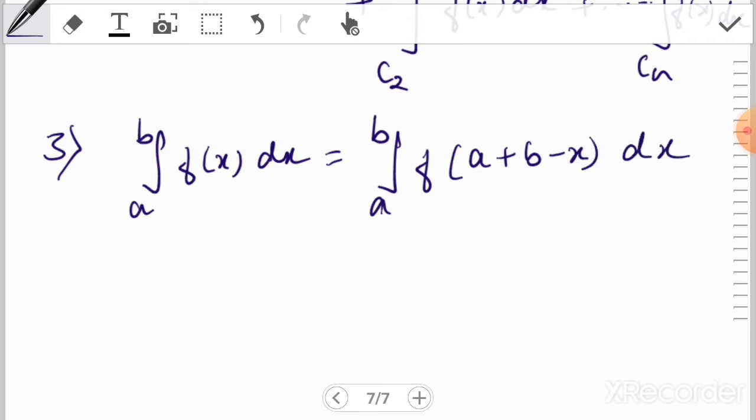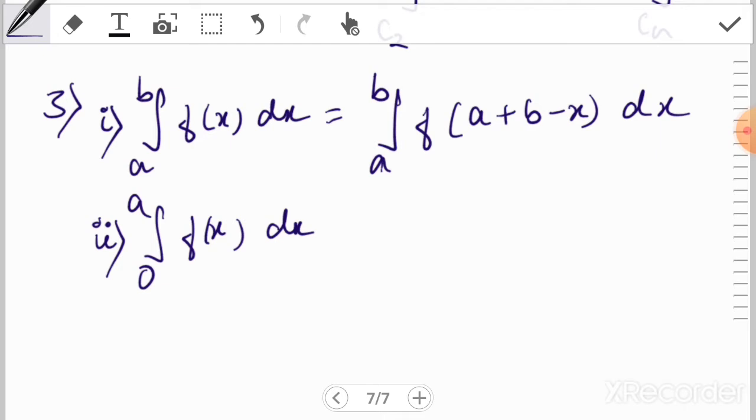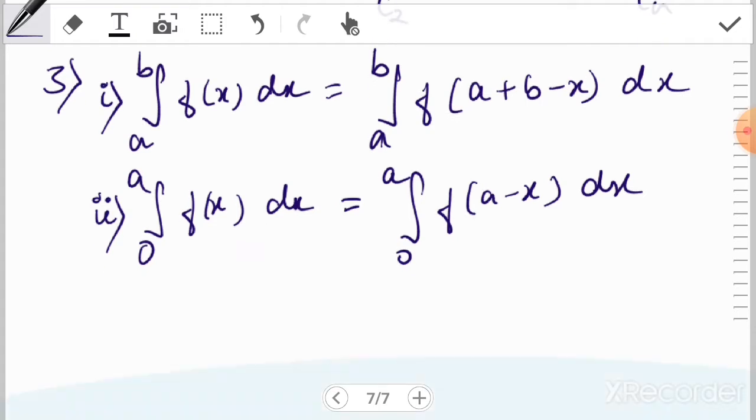Okay, so if you have one limit as 0, say the integral from 0 to a of f(x) dx will be equal to the integral from 0 to a of f(a - x) dx.